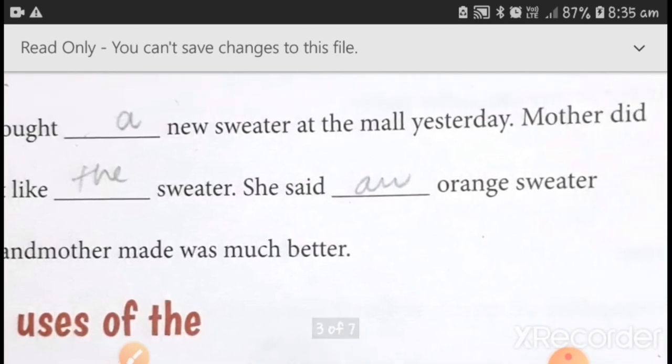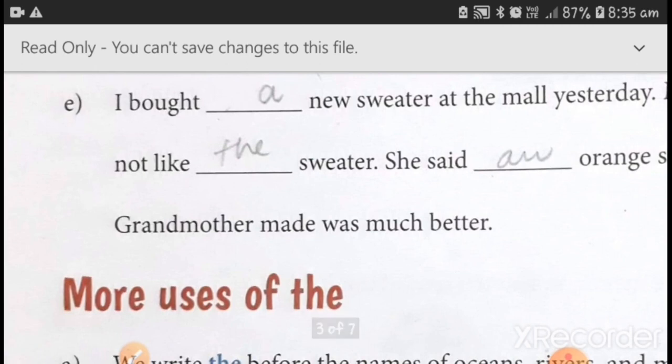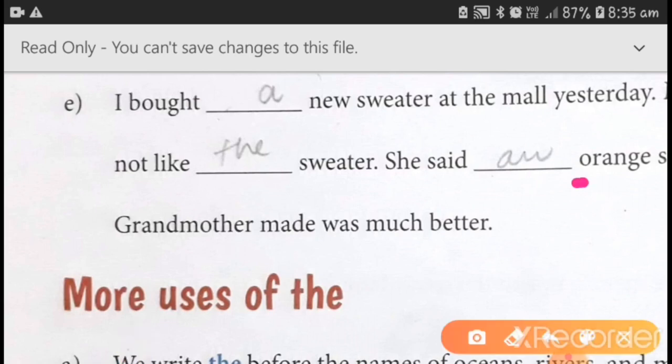So she said, an orange sweater grandma made was much better. Okay, here again you know what we have to use, and here we are talking about the same sweater. So we have to use the in the second place.